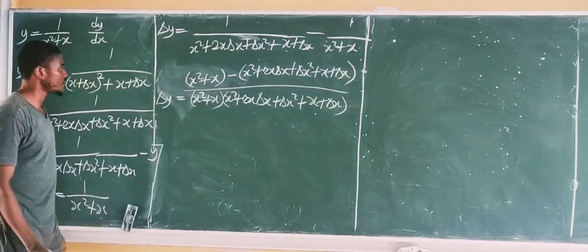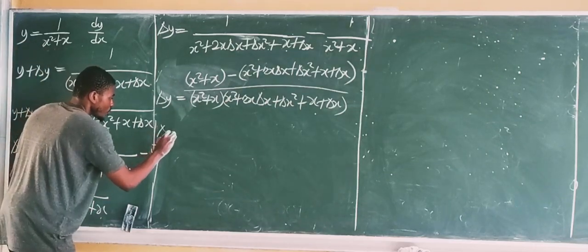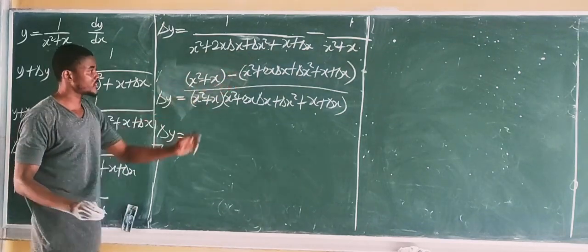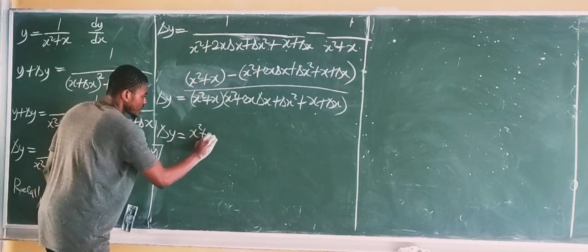So I simply have this for my change in y. So change in y is now equal to, I will now expand this bracket and see. I will have x squared plus x.